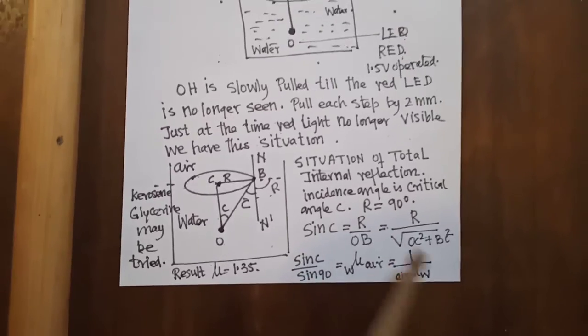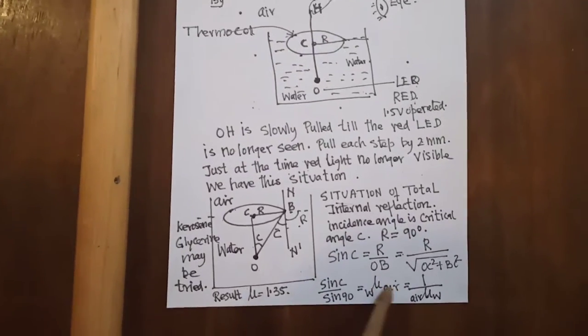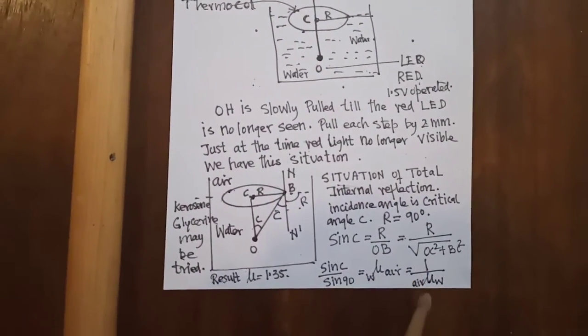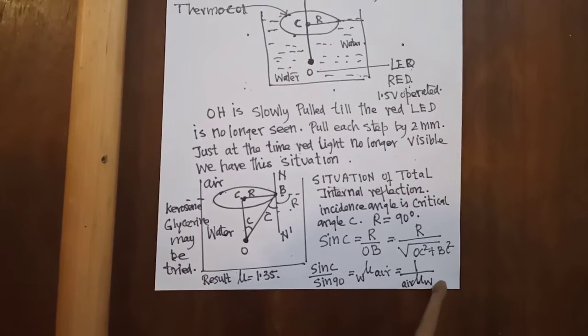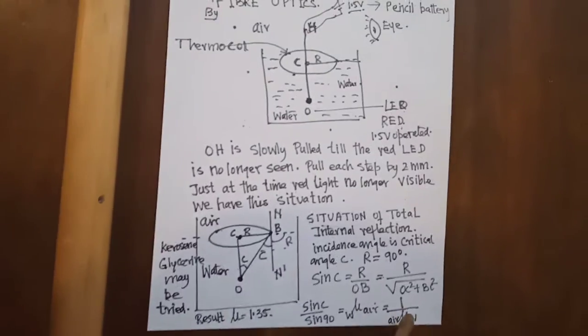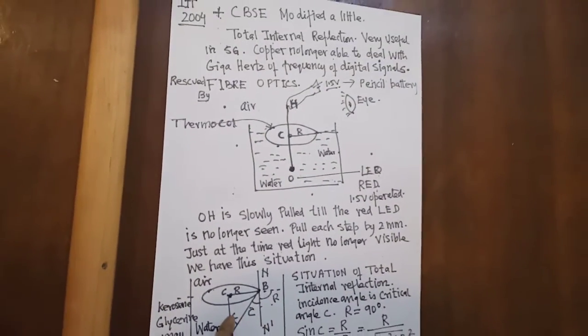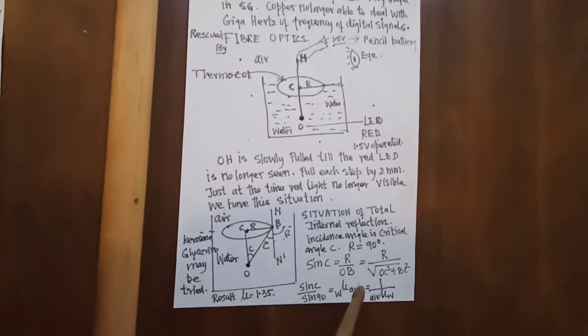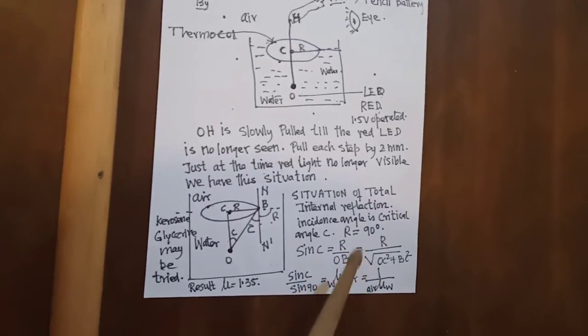I have told you about this. Be careful: mu of air with respect to water is 1 by mu of water with respect to air. And from here you can find the value of mu. If you know angle C, then sine C is 1 by mu, and you will find mu.